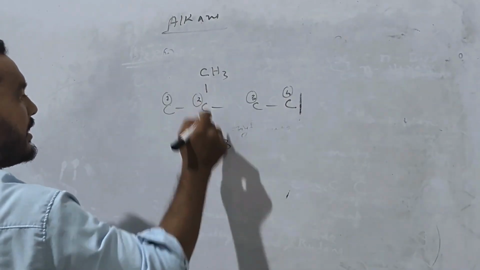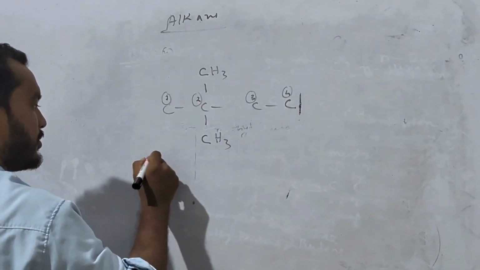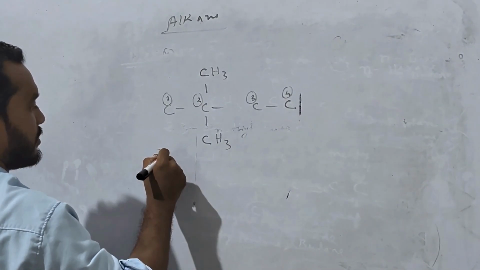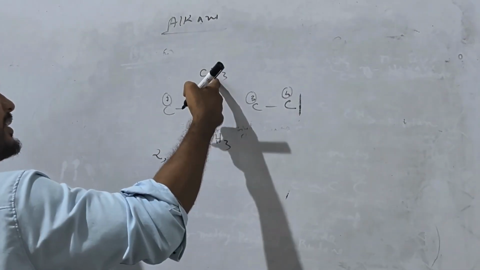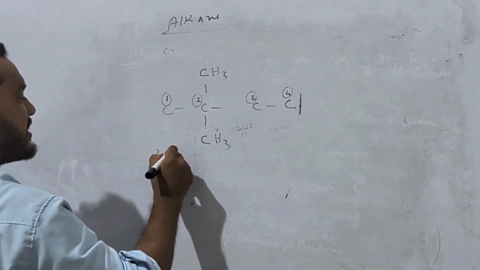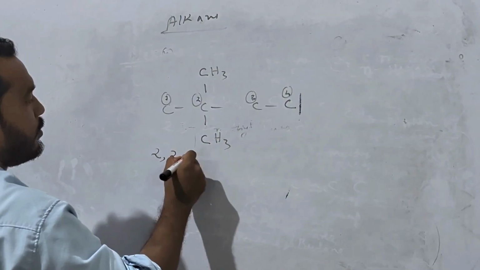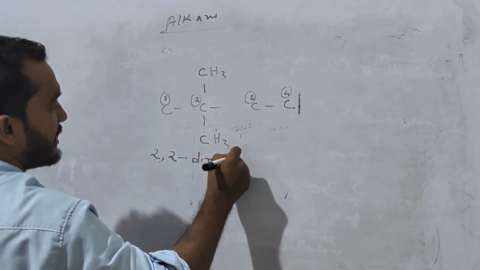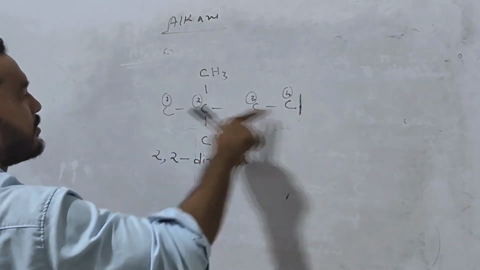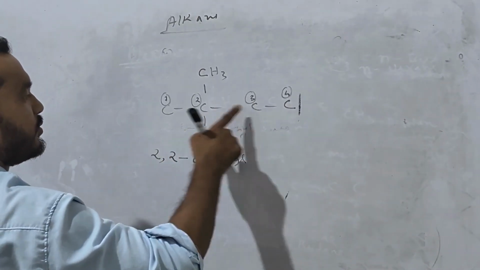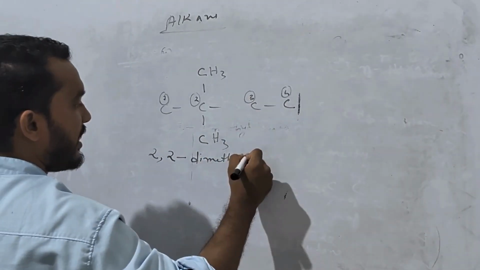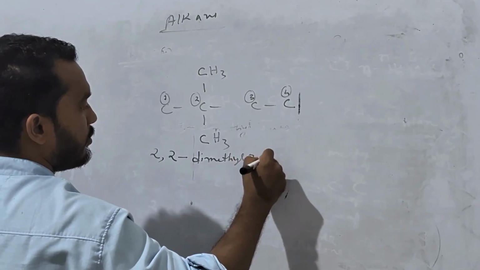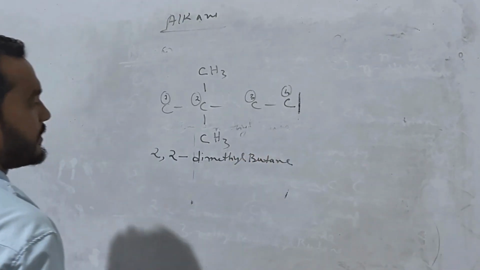So here 1 methyl is at which position? Second position, comma. Another methyl is also at what position? Second position. So 2,2. Since there are 2 methyls, dimethyl. Now you count the carbon in the parent chain. 1, 2, 3, 4. So it will be butane.